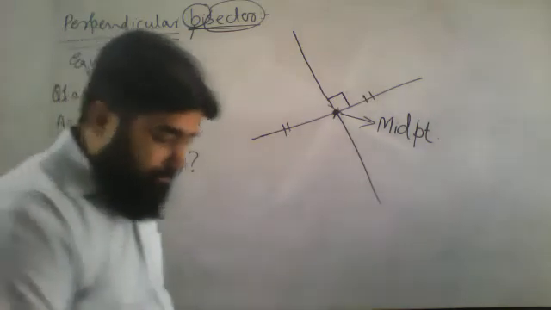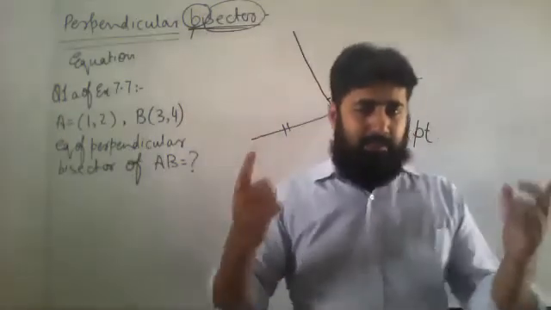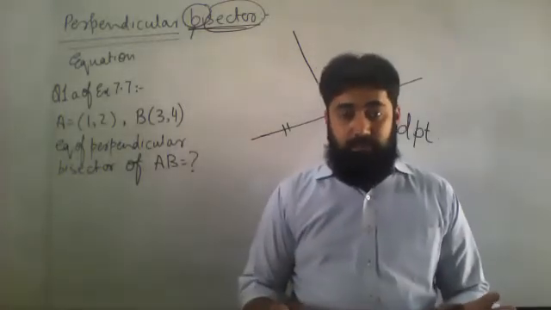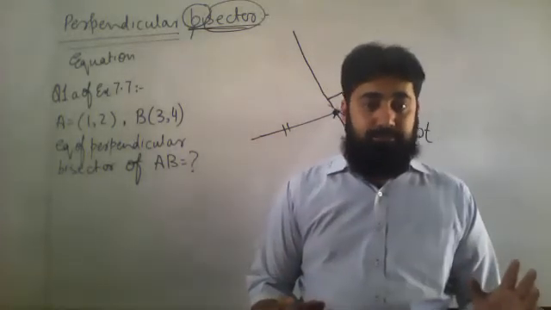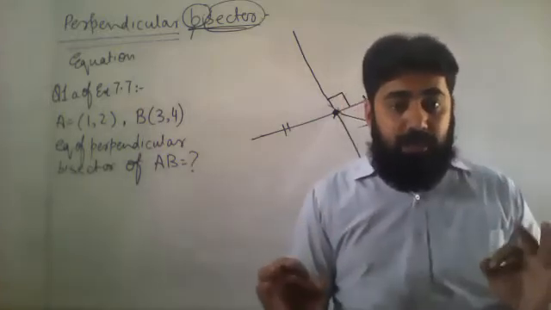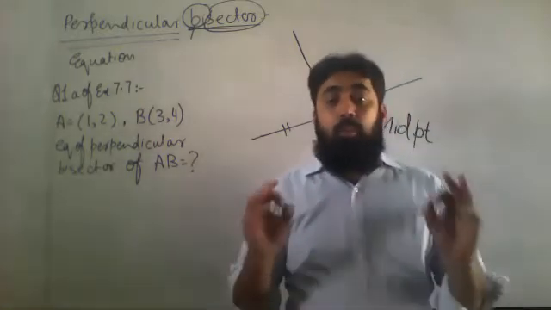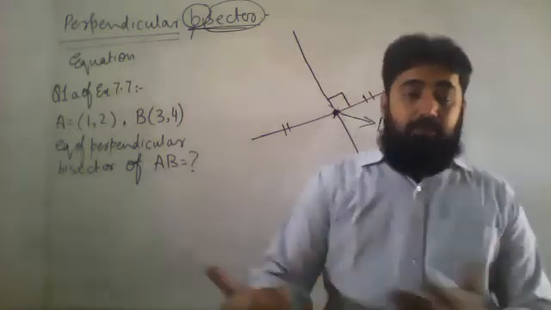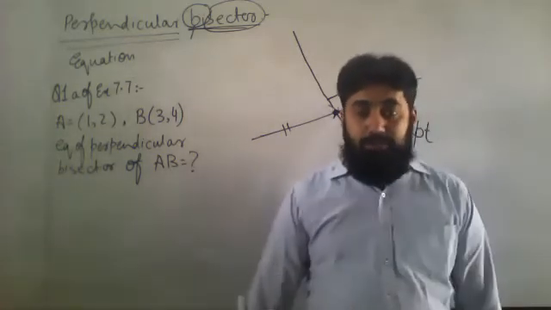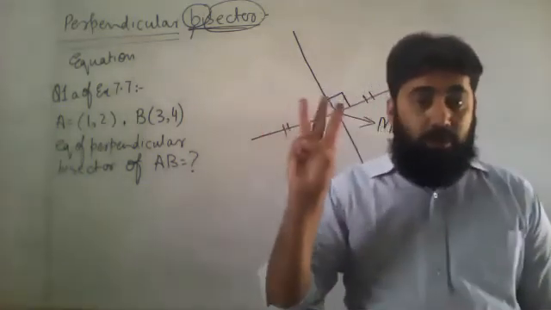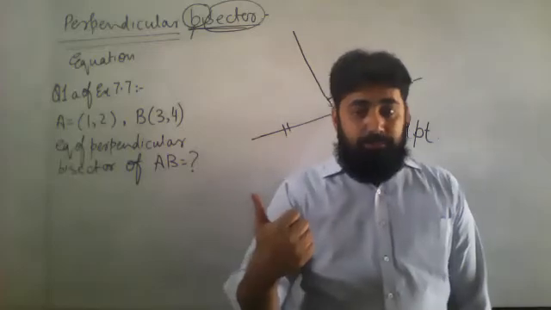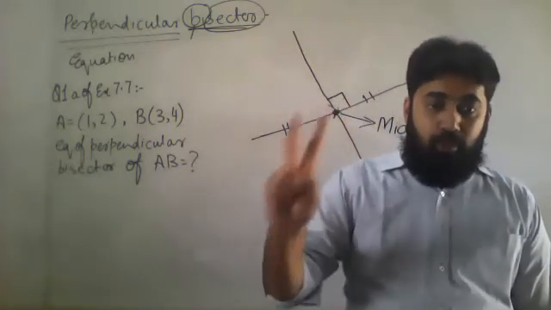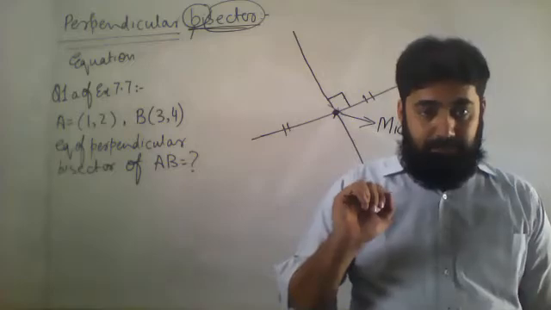Okay, so let's revise something. In order to find the equation of a line, what do we need? What are the three things which, if we had, we can work with? There are three conditions. Number one, you should have two points from which the line is passing.